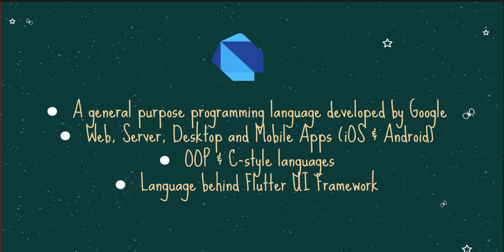If you know object-oriented programming and other C-style languages like Java, C#, Python, you may find learning Dart not that complicated. And Dart is the language behind the Flutter UI framework, which is a framework used to develop iOS and Android applications.